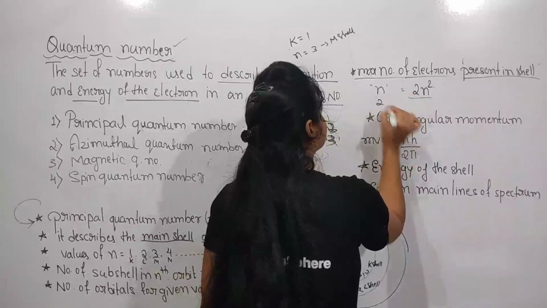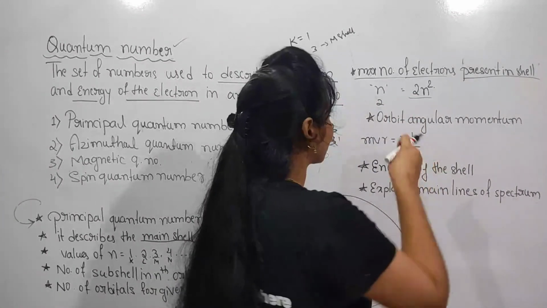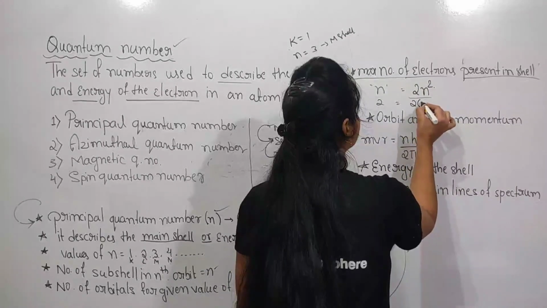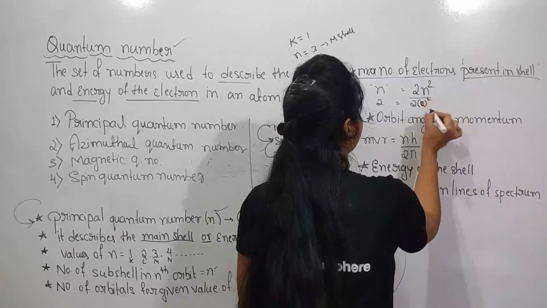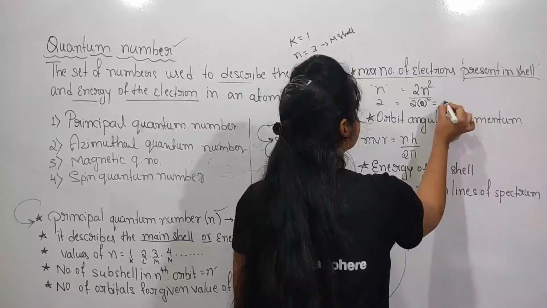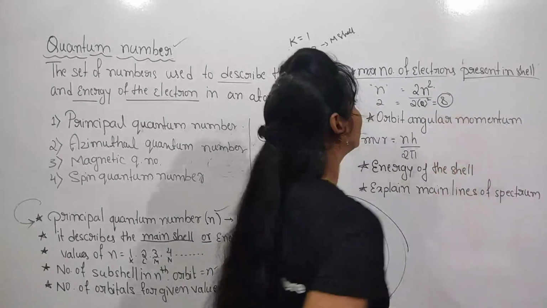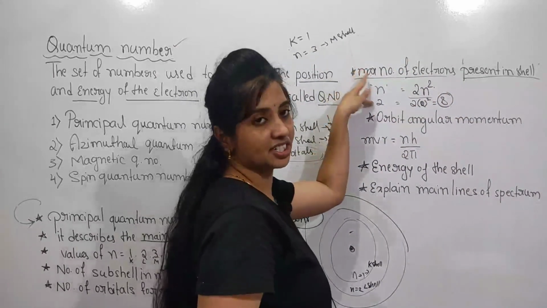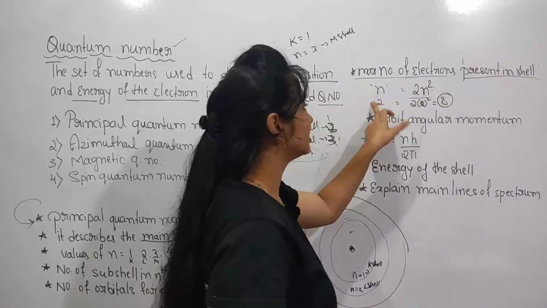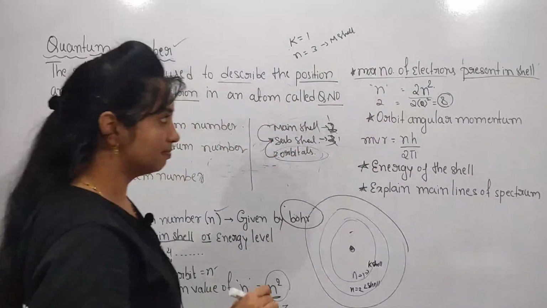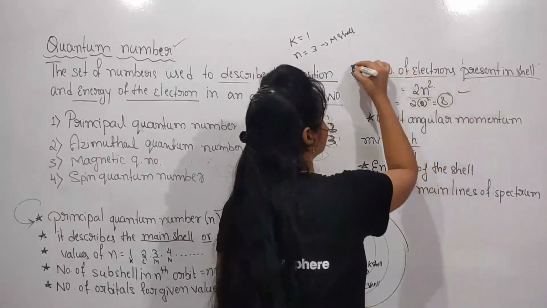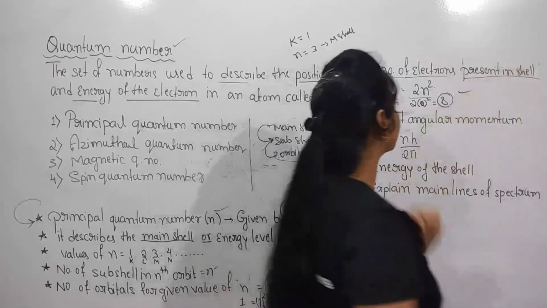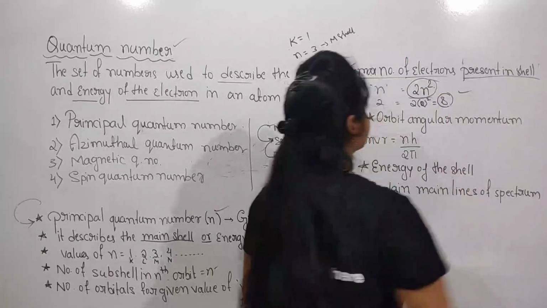In the second shell, we have a maximum of 2 into 2 square, means 2 into 4, which is 8. 8 electrons are present in the second main shell. So this is the meaning of this point: the maximum number of electrons present in the shell is equal to 2n square.